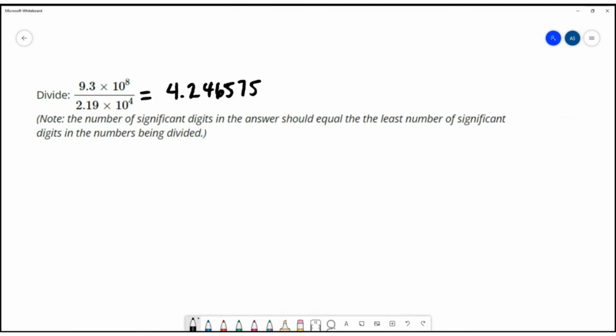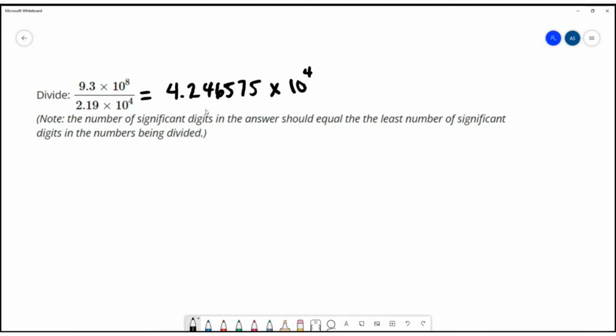We don't need quite that many decimal places. So I've divided the numbers, and I want to divide these powers of 10. Because they have the same base, I can use the quotient rule and subtract the exponents. So that's going to give 10 to the 4th. 8 minus 4 is 4.